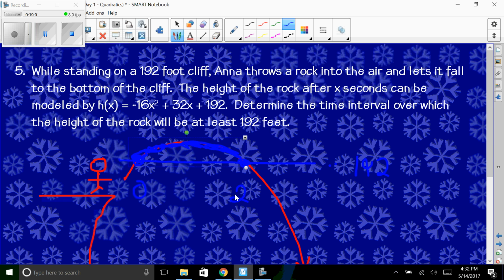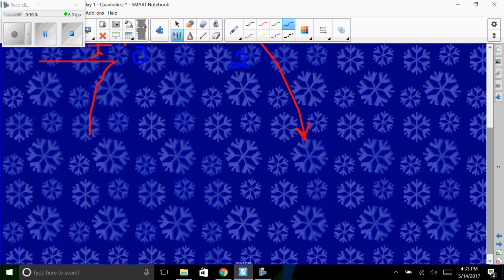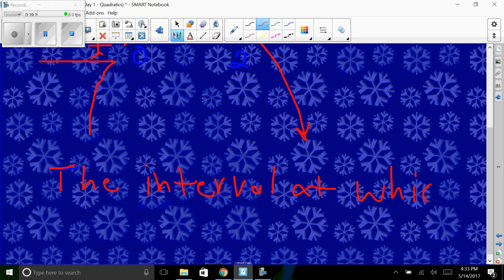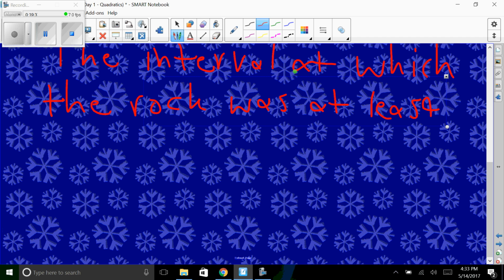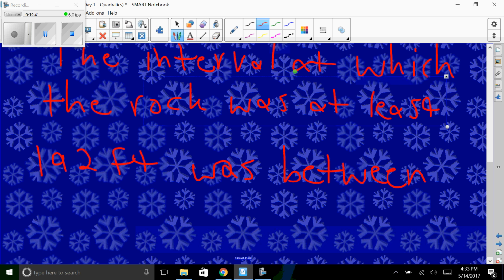Okay, so the way we would write this answer, in a full complete sentence, is: the interval at which the rock was at least 192 feet was between 0 and 2 seconds.